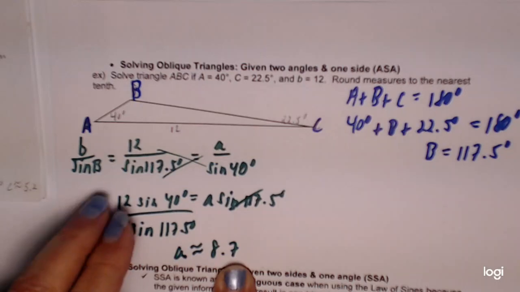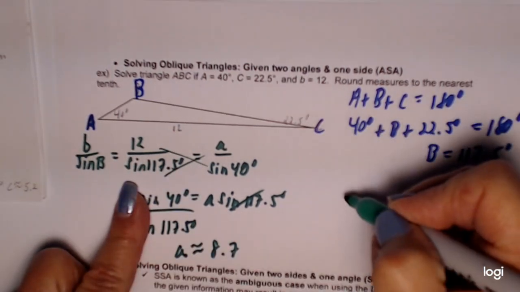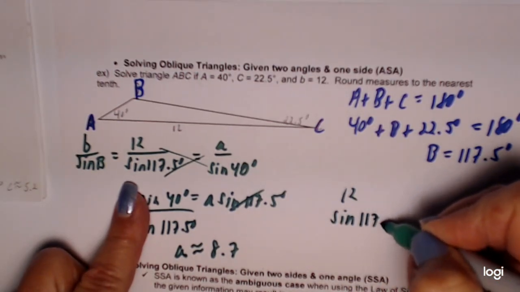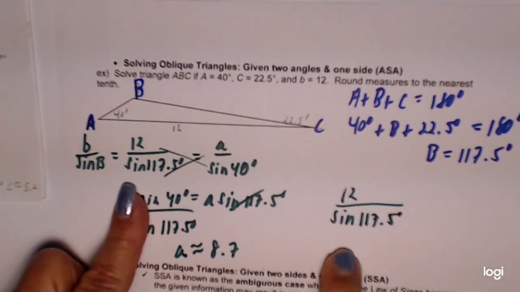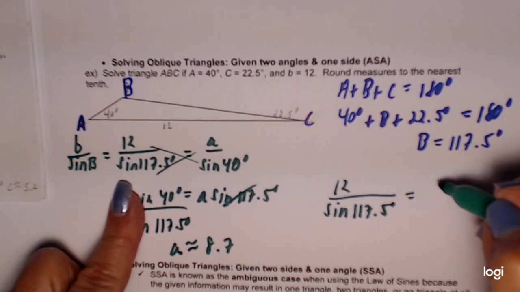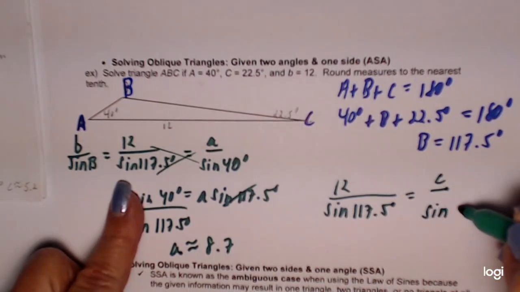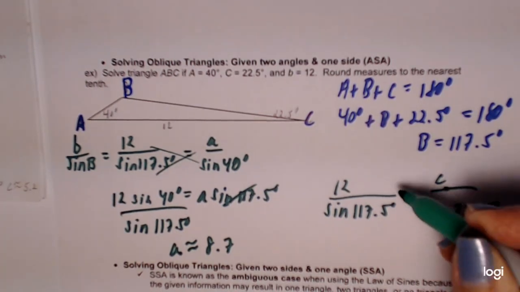So starting again, we're going to use this ratio here. So our 12 over sine of 117.5 degrees, there's our B over sine of B, and this is going to be equal to now C over the sine of angle C. Angle C is 22.5. Our ratio is set up.